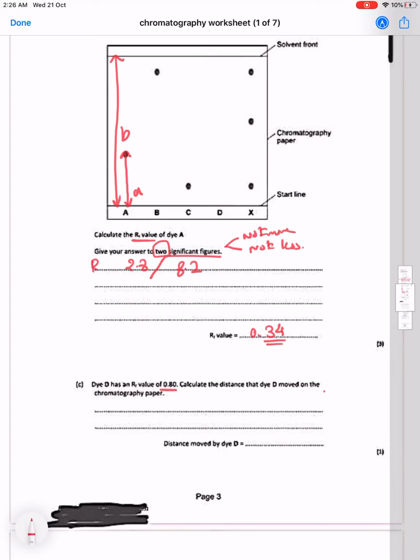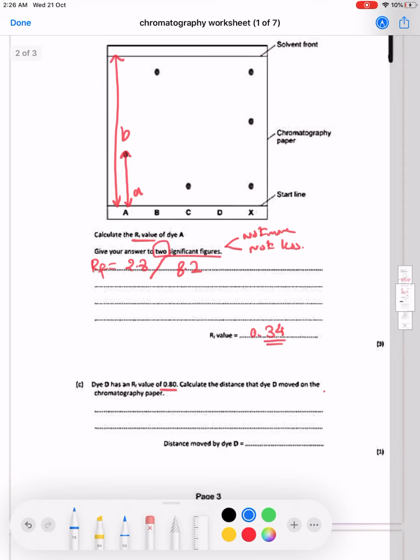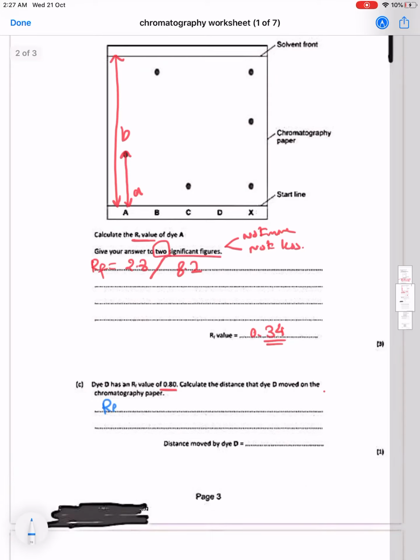So here I was finding the RF value, but here the RF value is given, and they really want you to calculate the distance that dye D moved. That's why it's not drawn. Okay, so basically the RF value is the distance traveled by dye D over the total distance traveled by the solvent, which we already got in the first question.